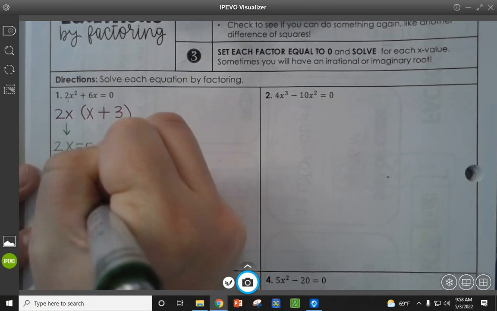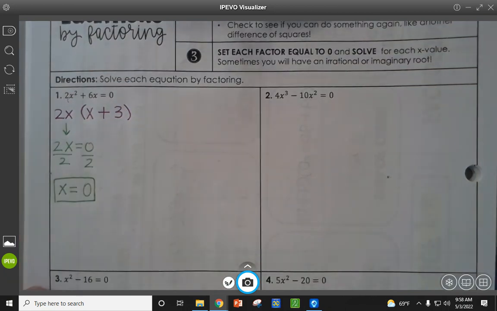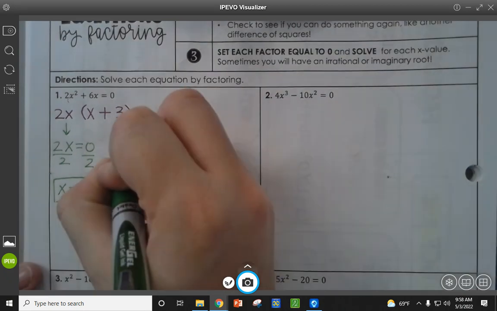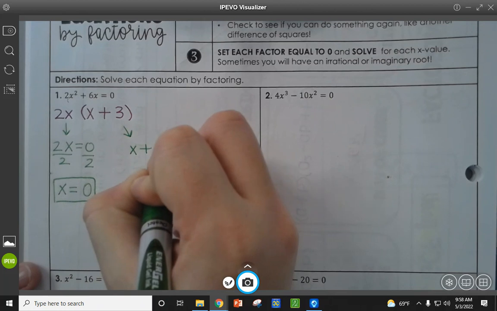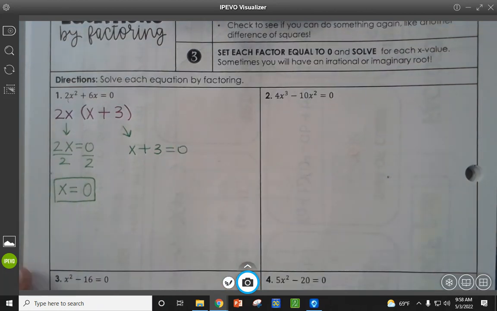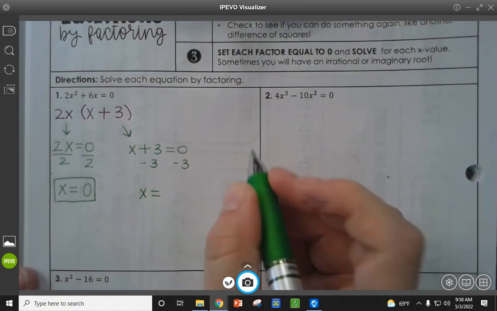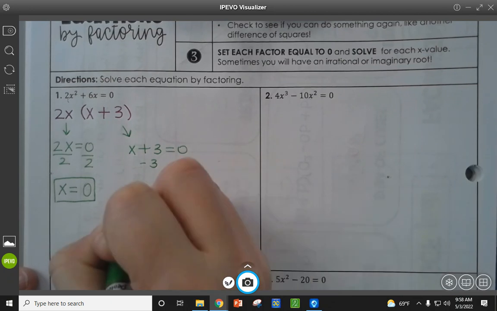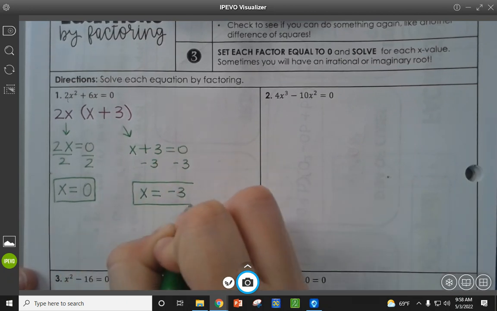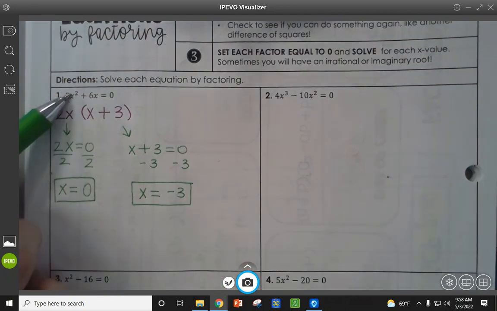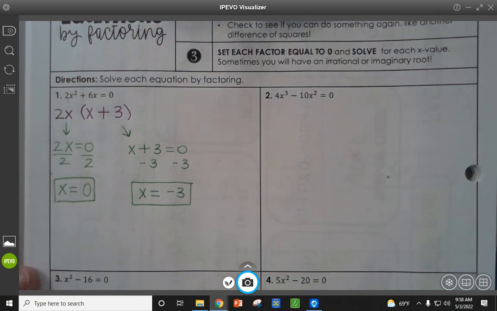So x equals 0. And then I have x plus 3 equals 0. How do I solve this one? Subtract 3. And what is 0 minus 3? Negative 3. So this, the 2x squared plus 6x, has x-intercepts at both 0 and at negative 3.